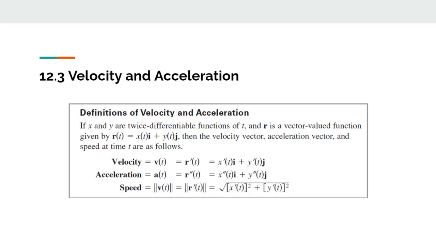We require it to be twice differentiable because acceleration requires 2 derivatives. Since r is a position function, we know from physics or earlier in this calculus sequence that the derivative of position is velocity, and the derivative of velocity is acceleration.